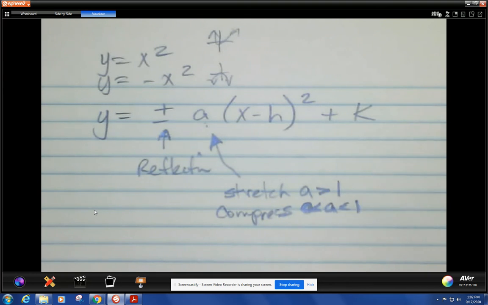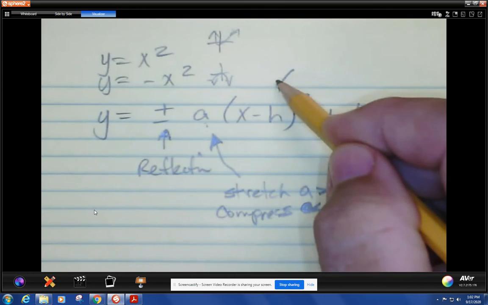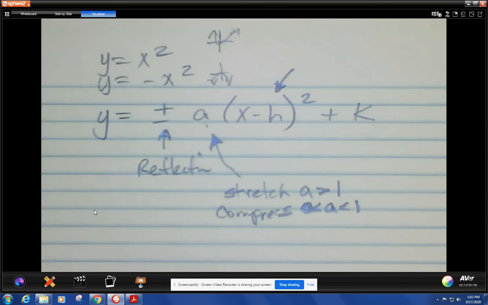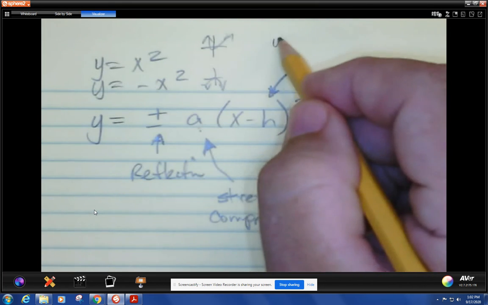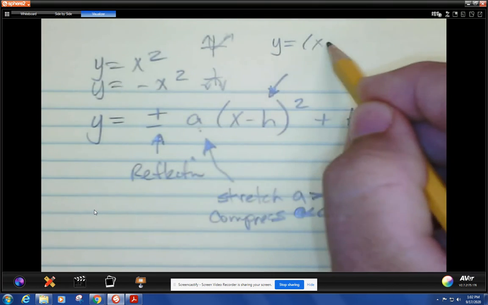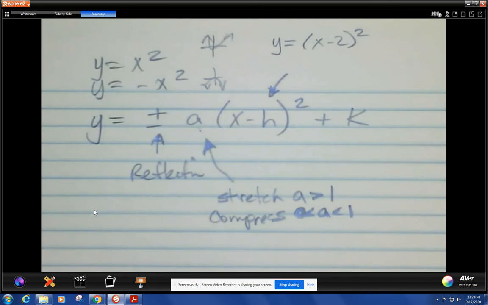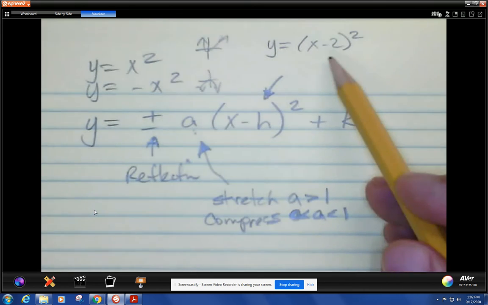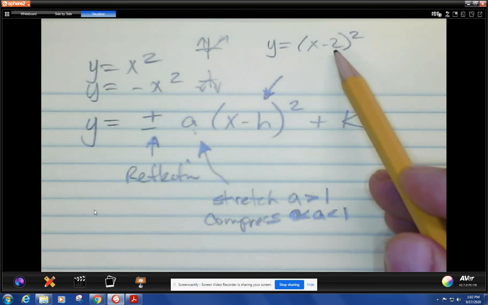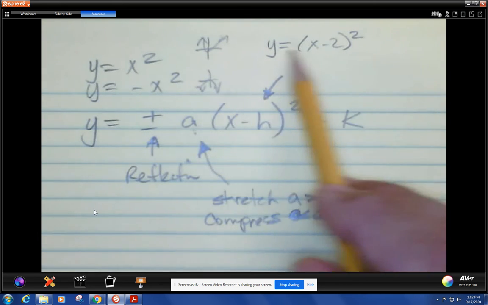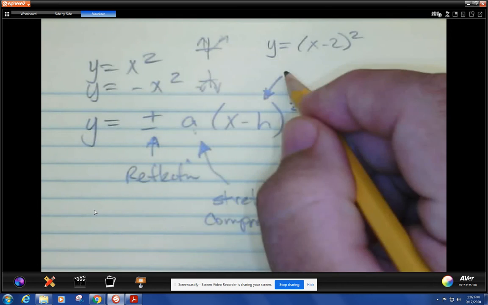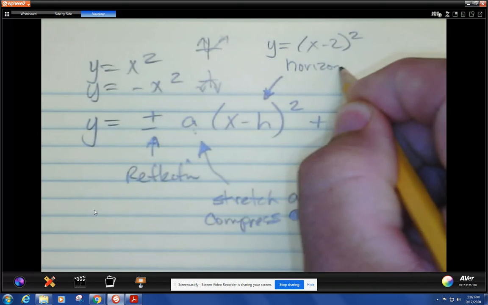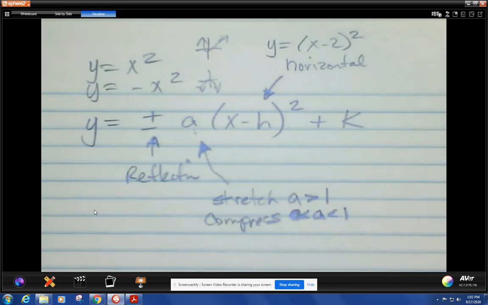Okay? Right here, this h term, if you remember when we had equations such as y equals x minus 2 squared, you remember that this notated a horizontal change. So our graph actually moved from left to right, not up and down. So this is a horizontal change, which makes sense because it's got an h there.